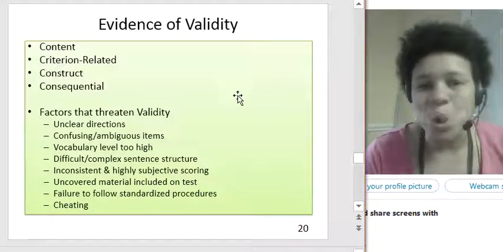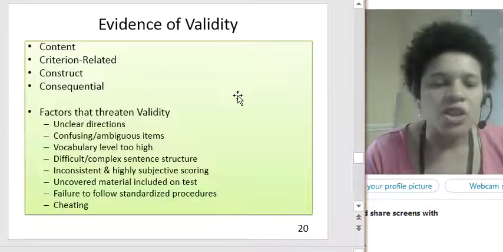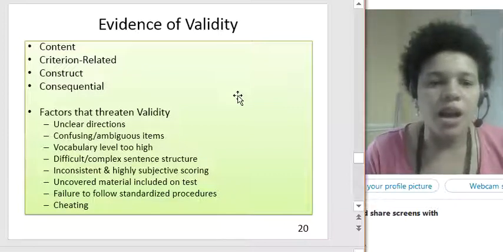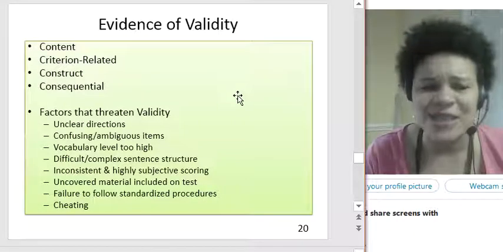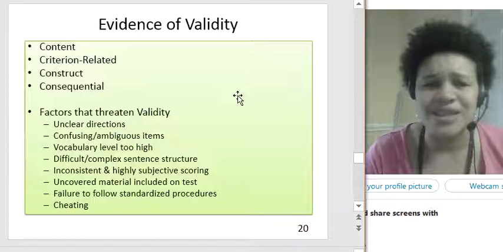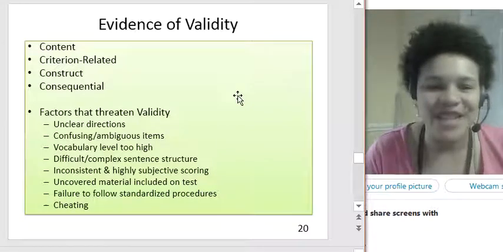Highly subjective scoring. This is why we use rubrics to reduce highly subjective scoring. Material that wasn't covered. Testing kids on something, for example, that they haven't been taught, will reduce the validity of the test.